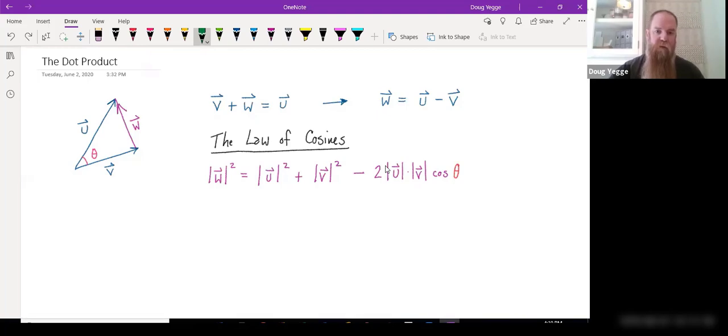Let's remember that vector u is simply going to be u1, u2, u3, which means that if we want the magnitude of u, that would be the square root of the sum of each of those squares.